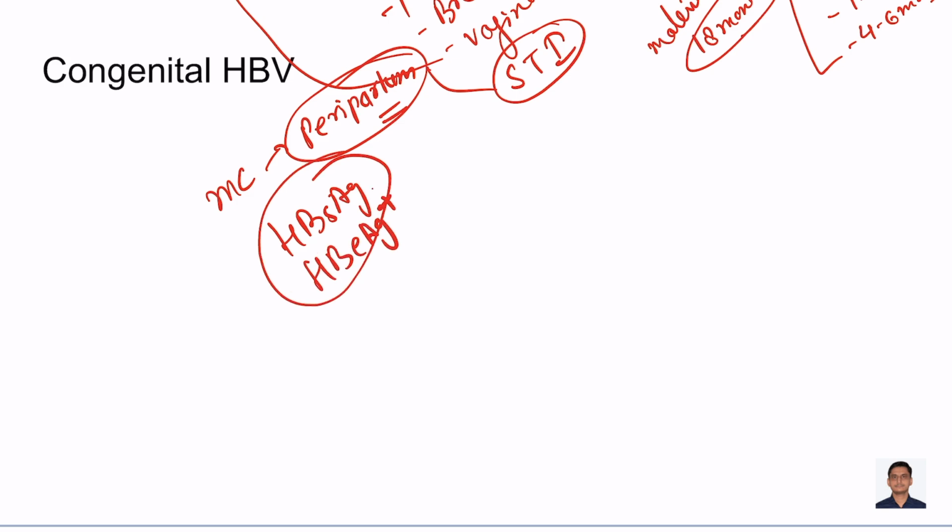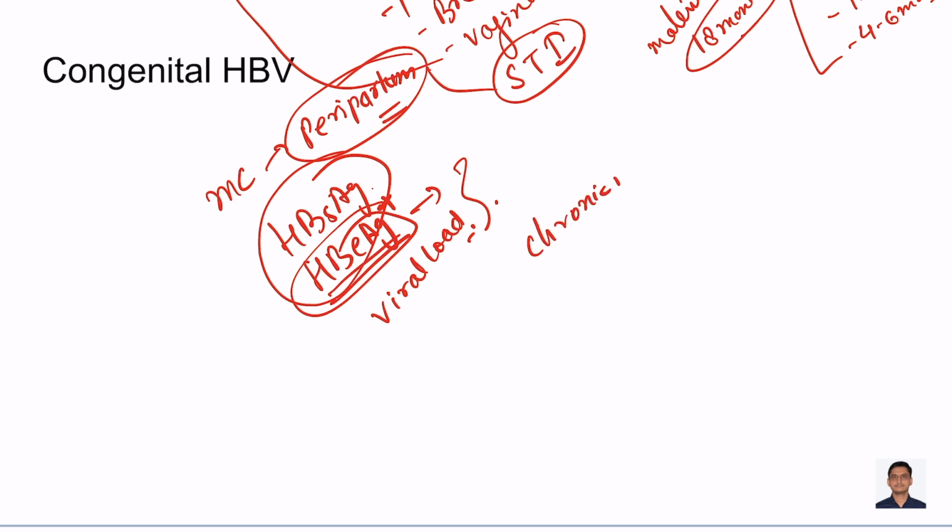HBe positivity means high infectivity due to the high viral load, and the risk of neonatal infection is more than 90% in such cases. Most infected infants are asymptomatic at birth but have chronic infection, which persists and causes liver damage later.